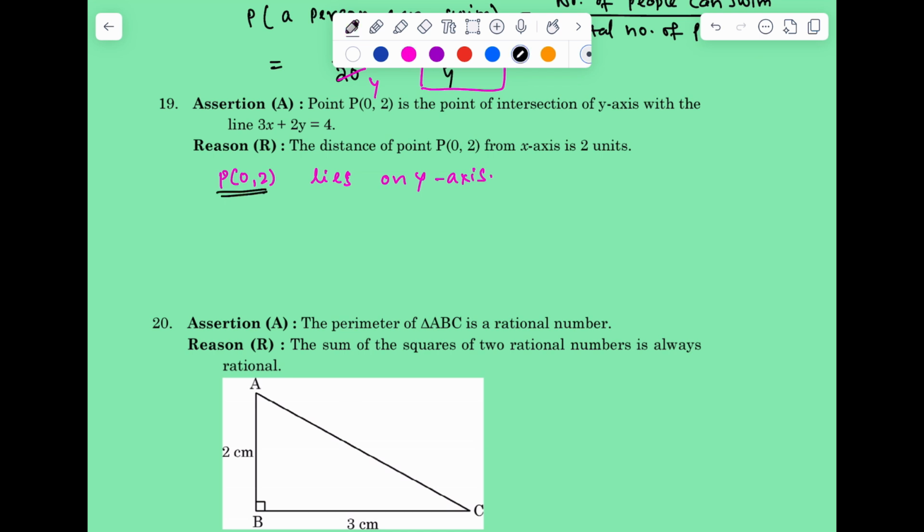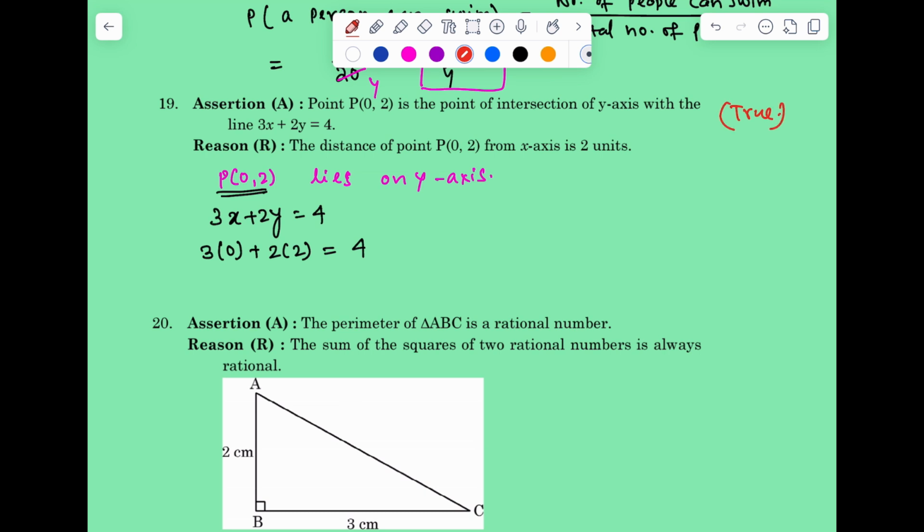And if this point satisfies the line 3x plus 2y is equal to 4, then this is the point of intersection. Now if you put it in this equation, that means 3 into 0 plus 2 into 2, that is equal to 4. So it satisfies the equation, hence the assertion A is true.